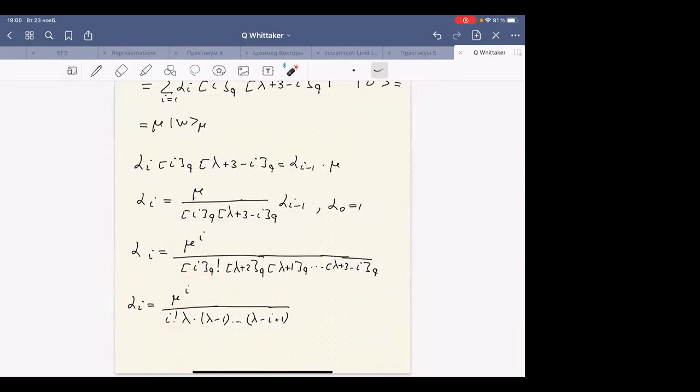Here we have q factorial, and here we start from lambda plus 2, and here we start from lambda.